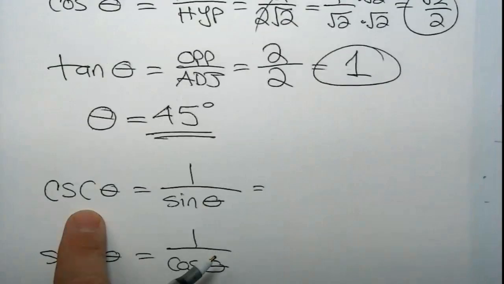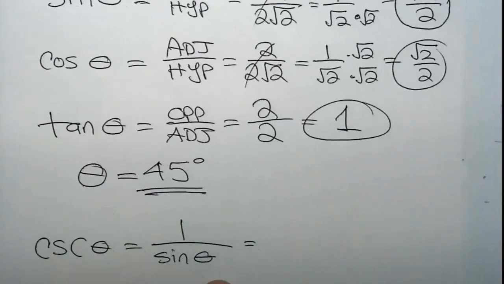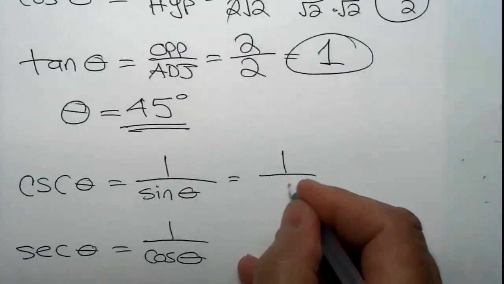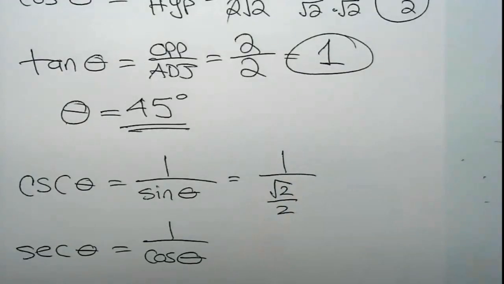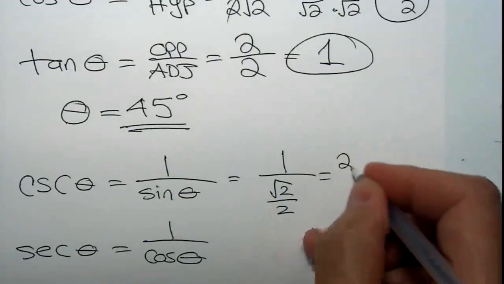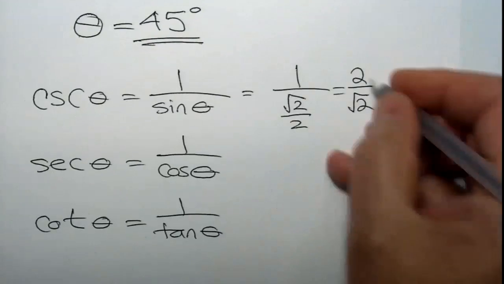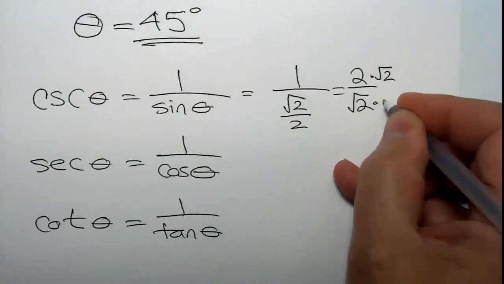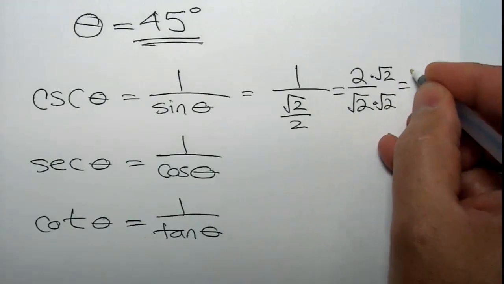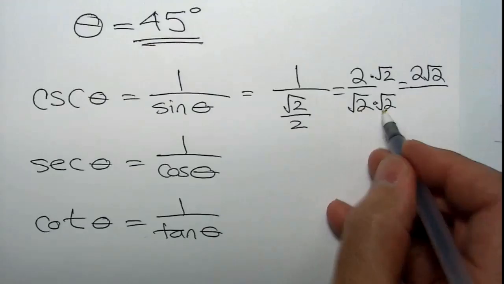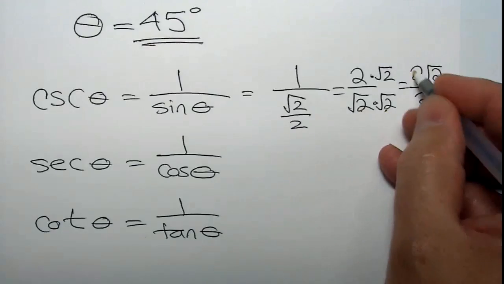Now, the cosecant of 45, in this case, must be 1 over the sine of 45, which is 1 over that. Now, 1 over means reciprocal, so all you really need to do is turn it upside down, but we never leave a radical in the denominator. So actually, the answer is this. 2 square roots of 2 over the square root of 4, which is 2.